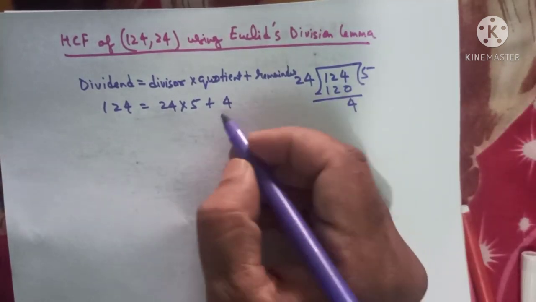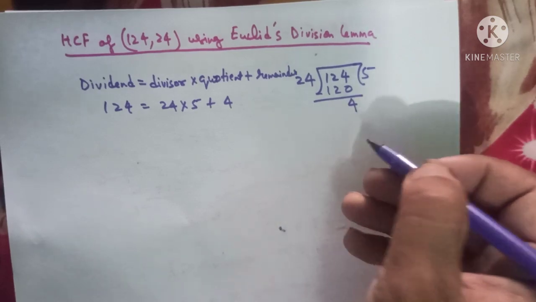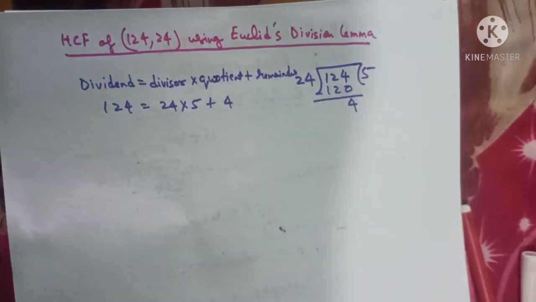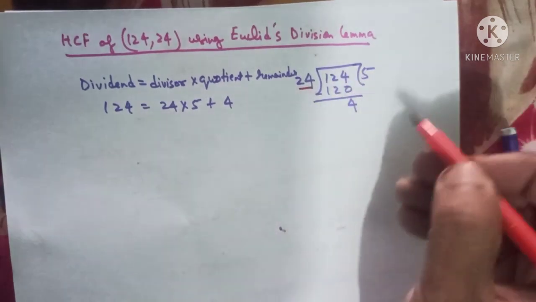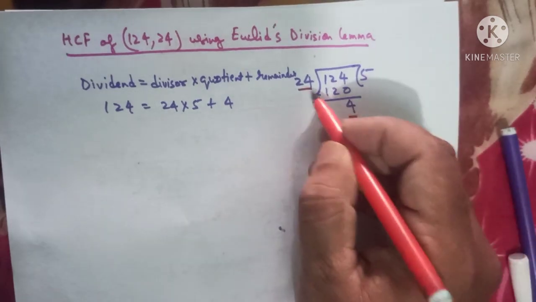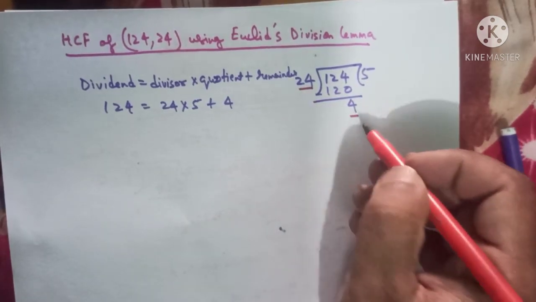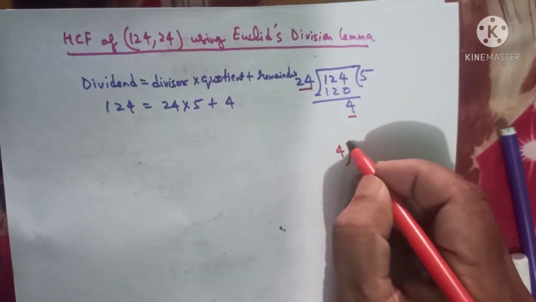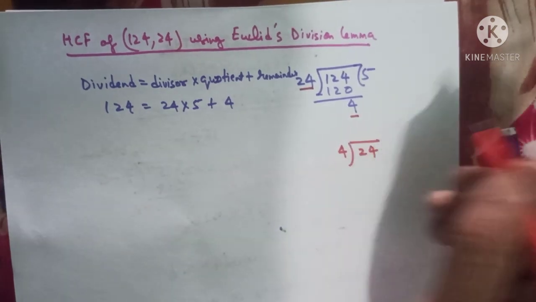Okay, now here the remainder is not equal to 0. So we will continue with the steps. In the second step, we have to take out the HCF between divisor and the remainder. So this remainder will become the divisor and the divisor of the previous step will become the dividend.